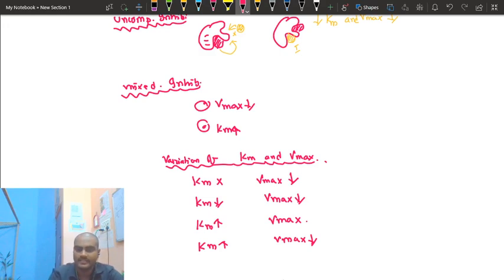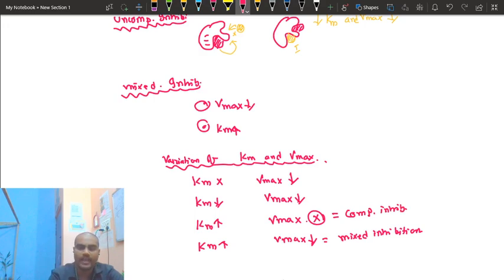So basically, this is the mixed inhibition. Where the Km will get increased and Vmax will remain unchanged, this will be the competitive inhibition.